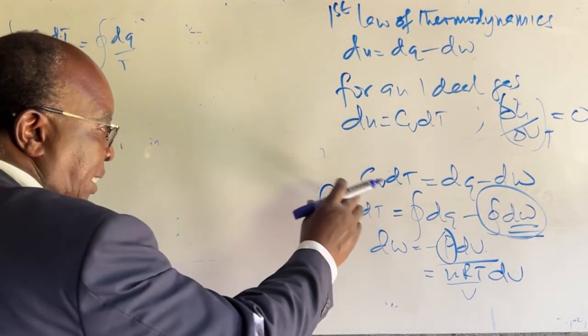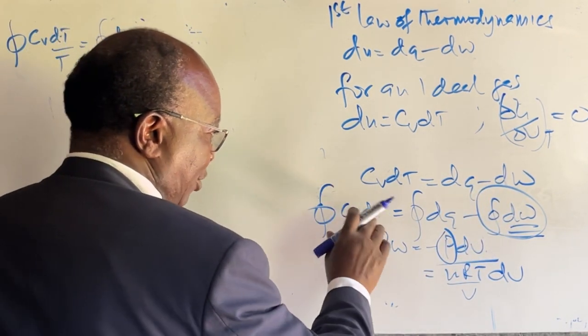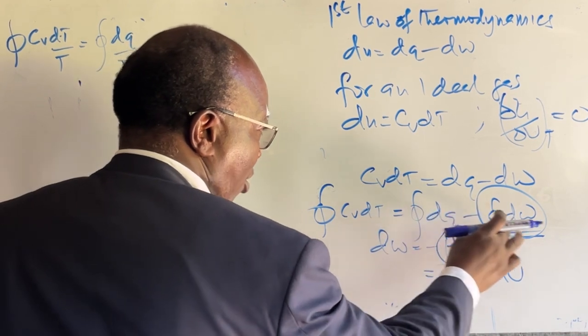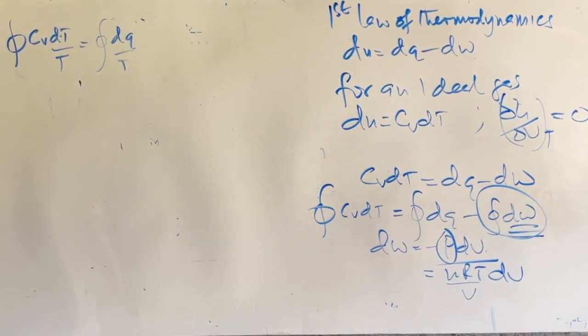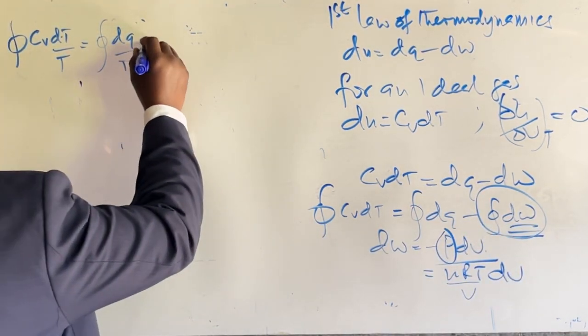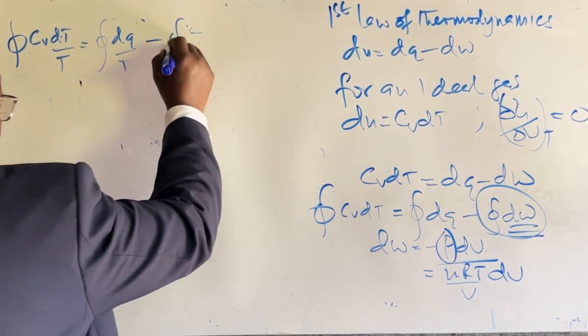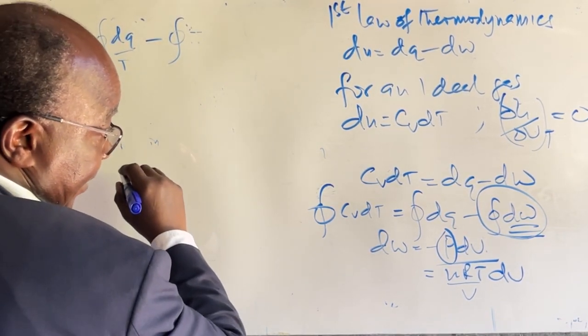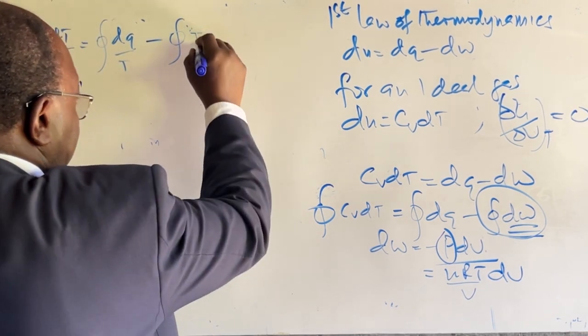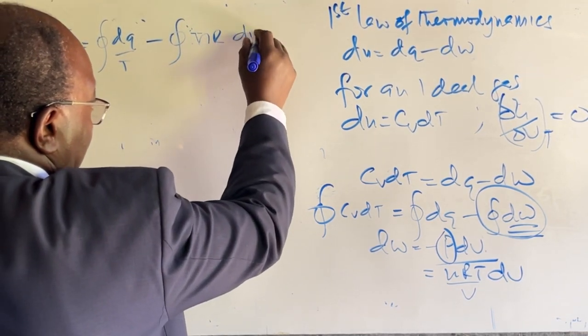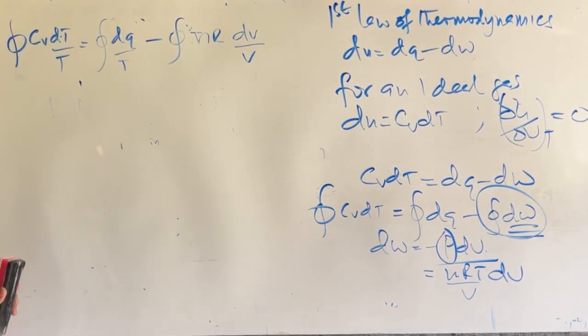These particular integrals are cyclic integrals, and each of them consists of four line integrals. So we have minus the integral of nR dV over V.